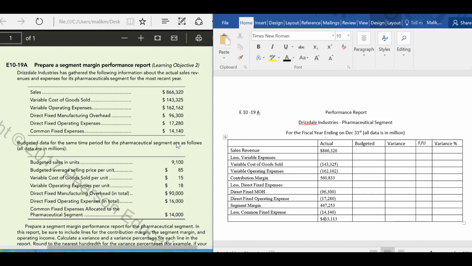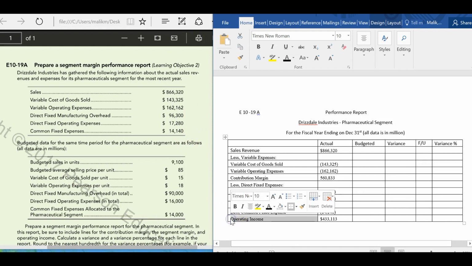And that's the operating income for this pharmaceutical segment. So this is how you can prepare your income statement, which is your actual income statement.